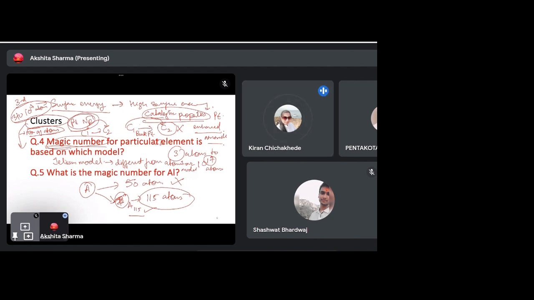In the Jellium model, everyone knows that when we do quantization, we have 1s, 2s, 2p6 like this. The electrons are filled in 1s2, and 8 electrons are filled in the second shell. This is the atomistic level.